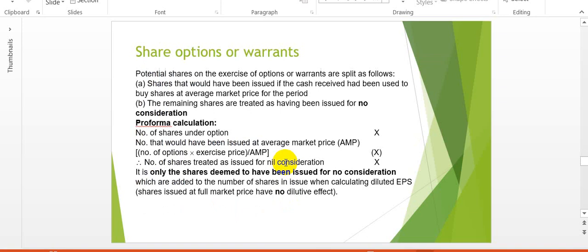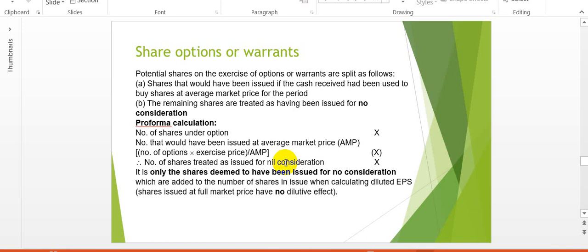We look at another area which has got the potential to dilute earnings. These are share options or warrants. Potential shares on the exercise of options or warrants are split as follows.